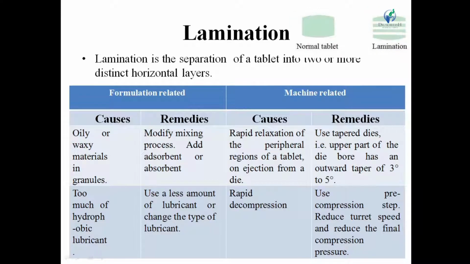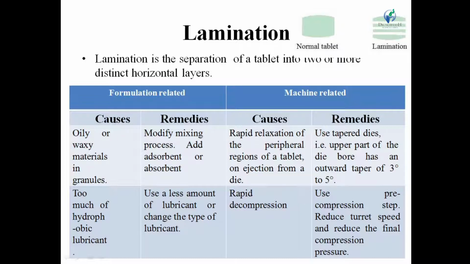Next one is lamination. So what is lamination? Lamination is the separation of a tablet into two or more distinct horizontal layers. There are formulation related problems and machine related problems. First, formulation related problems. Oily or waxy material in the granules produces lamination.